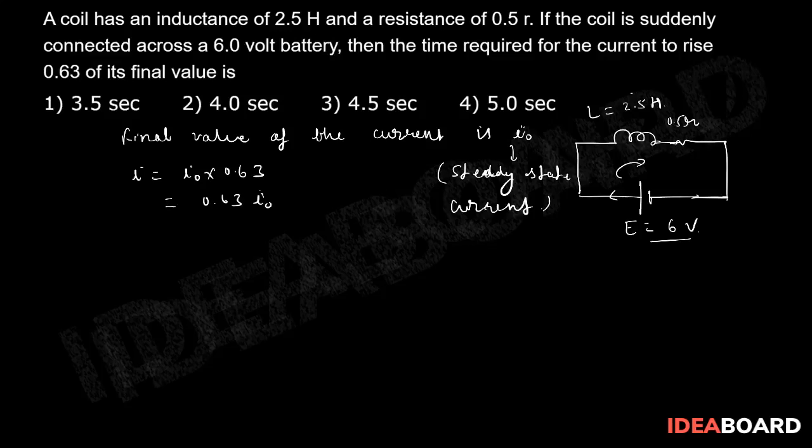So first of all we need to find the expression. Suppose that the current I is flowing like this in this circuit.